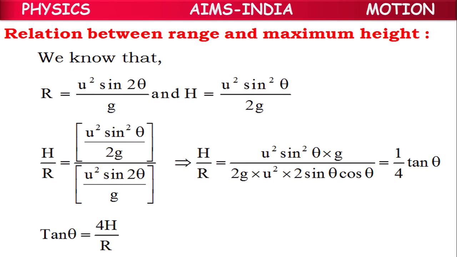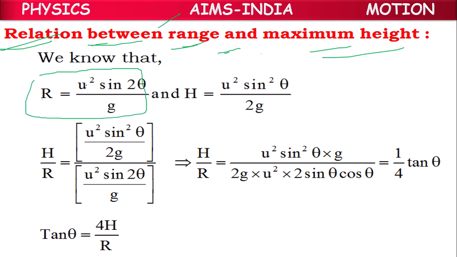Next, the relation between range and maximum height. We have already derived the formula, children. This is the formula of range: R equal to u square sine 2 theta by g.